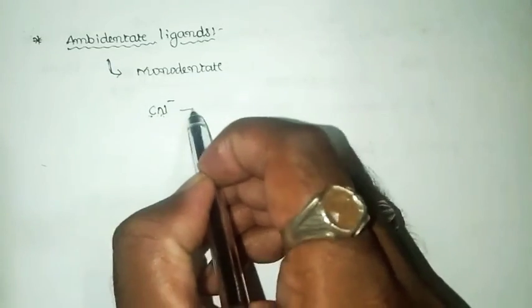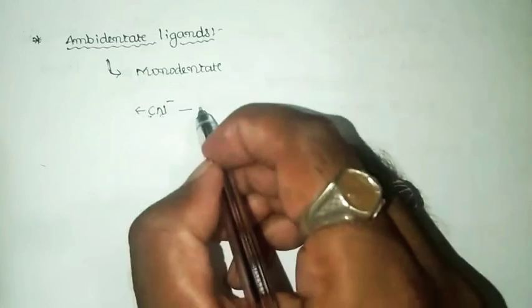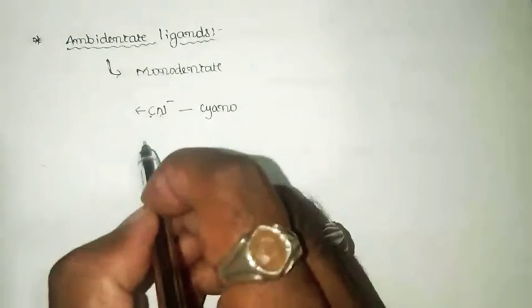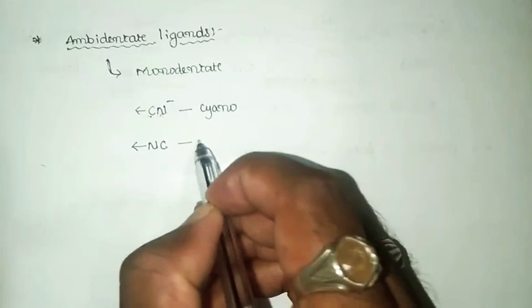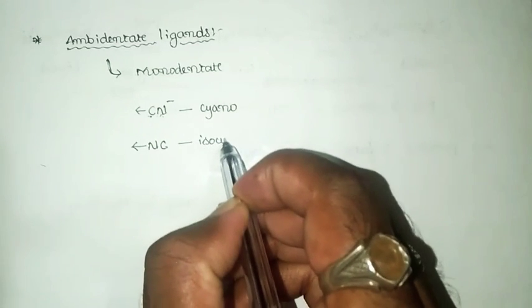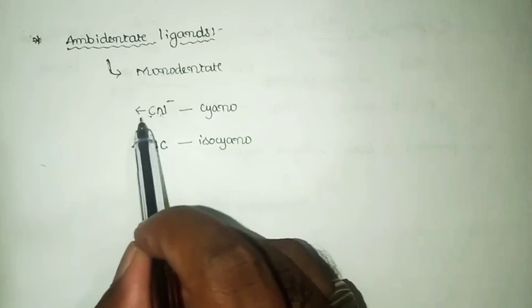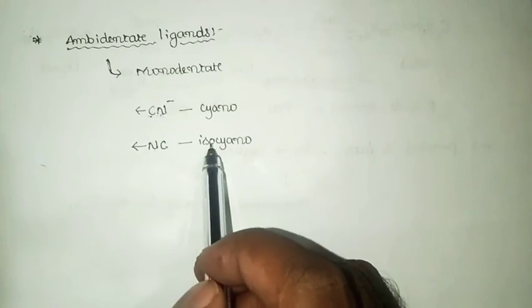That means when the carbon atom of this CN- is acting as the ligating atom, we call this cyano. And when the nitrogen atom of the group is acting as the ligating atom, then we call this isocyano. So the molecular formula remains the same, one carbon and one nitrogen, but the atom acting as the ligating atom is different. So that's why we have two different names, cyano and isocyano.